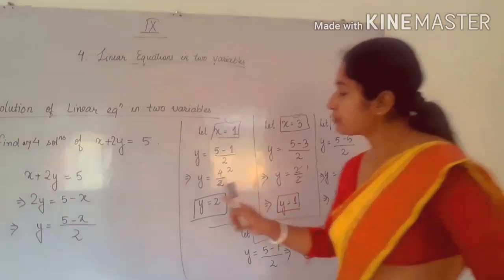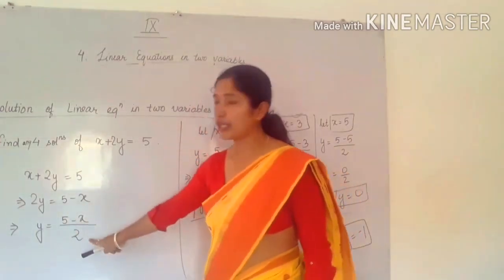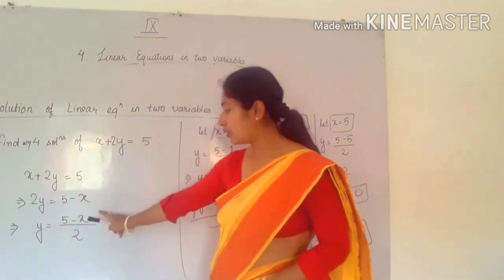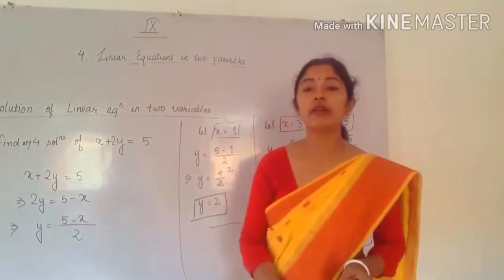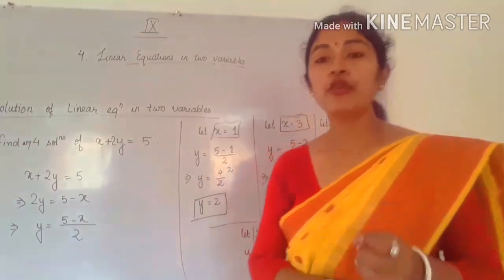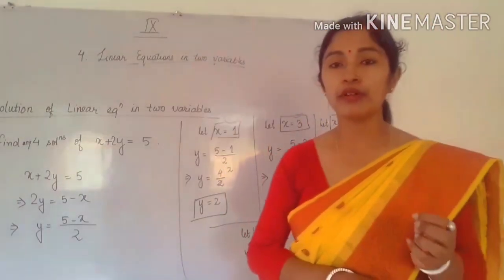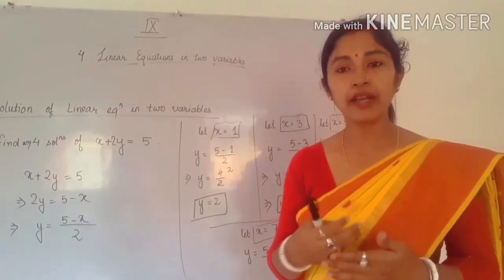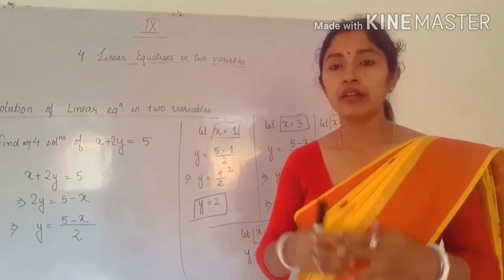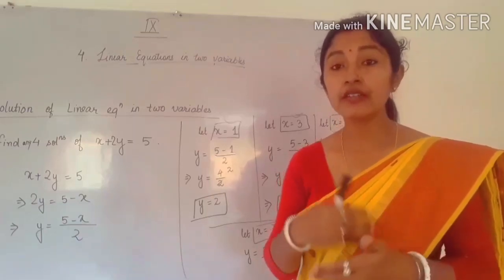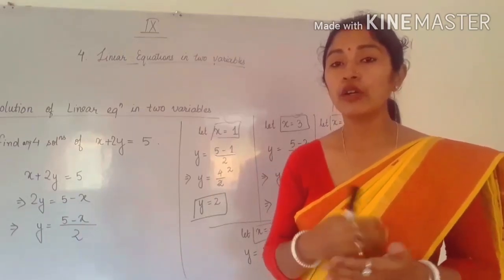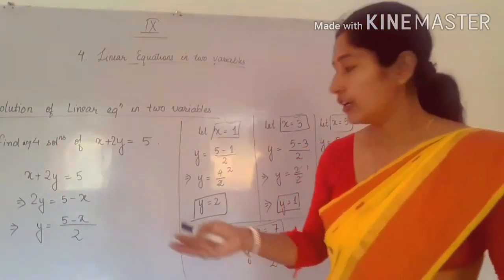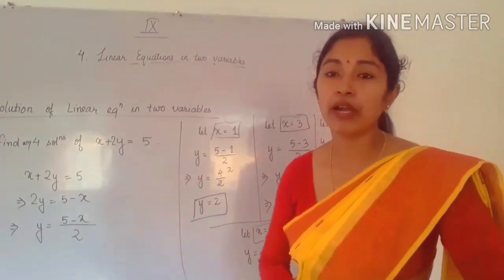You have to check one thing. Here the numerator is divided by 2, so you should make the numerator an even number. If the numerator is odd, it comes in fraction. No problem, it may come in fraction, but to make it simple, you can make the numerator an even number so that it is easily divisible by 2.